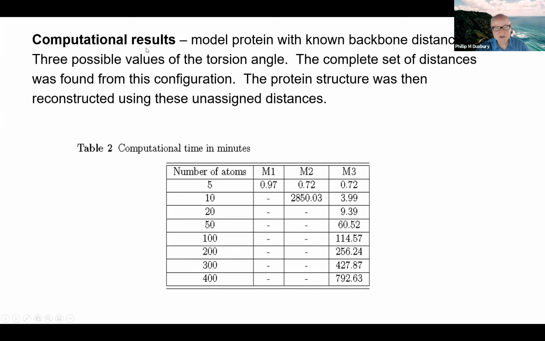So what are the computational results? It's a model protein problem that, again, Leo spoke about a little bit. It has a complete set of distances for the configuration. And then the system was solved using AMPL within BARON. And model 3 is this globally rigid buildup using SIMP. And what you can see here is that it's able to go up to 400 atoms.